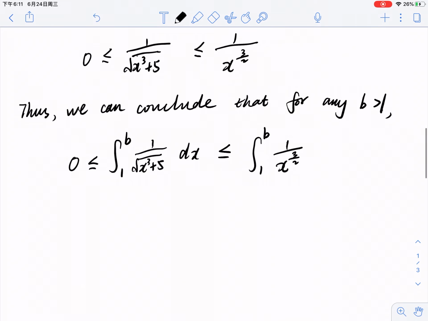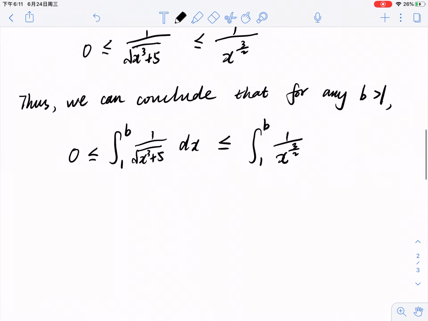So we have these inequalities. We know this one converges as b goes to infinity.